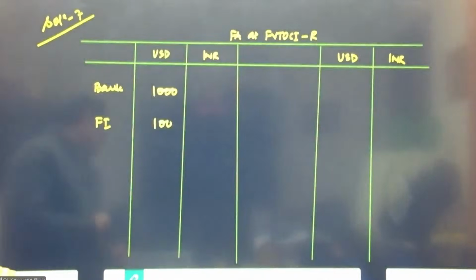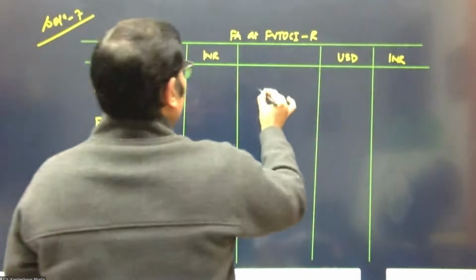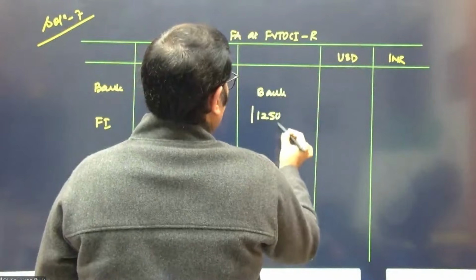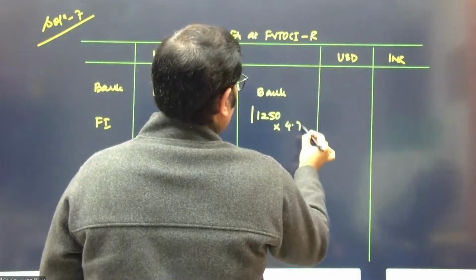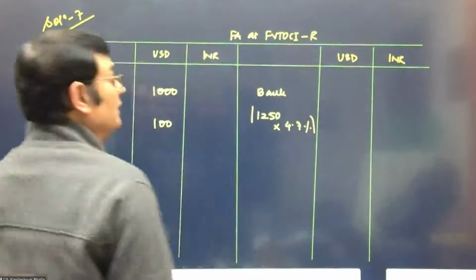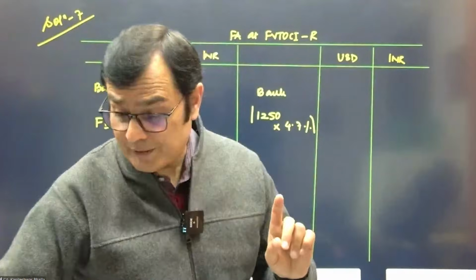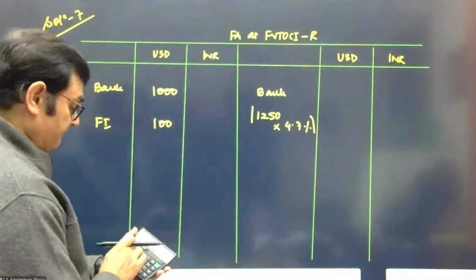And then we are going to receive. Now, when you receive the interest, remember it should be taken at a face value, and the face value is given at 1250. So we need to consider the interest collected at the face value at the contracted rate.